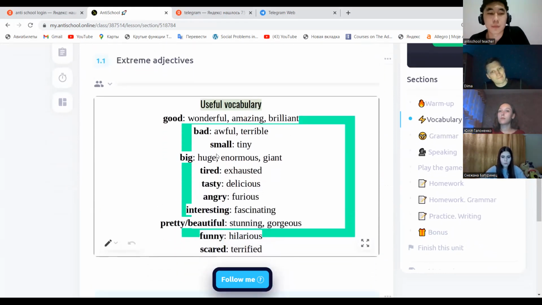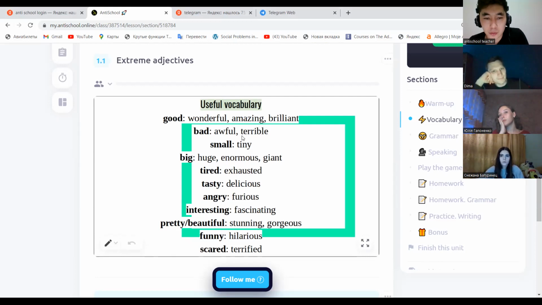So we say "very good". Instead of that, we can say wonderful, amazing. Basically, amazing fits everywhere. Brilliant. And "bad": always saying "very bad" is a bad habit.